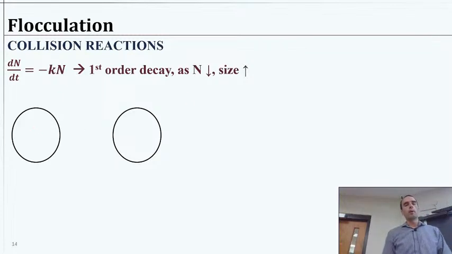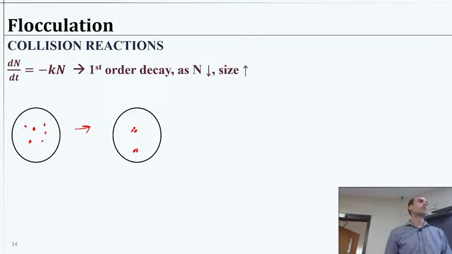If we have several particles, let's say we have 1, 2, 3, 4, 5, 6 particles. And that's what we start with, and then we end with 2 particles that are each 3 of the originals in size. We can describe this in terms of n. Let's imagine this little circle is a bit of volume.